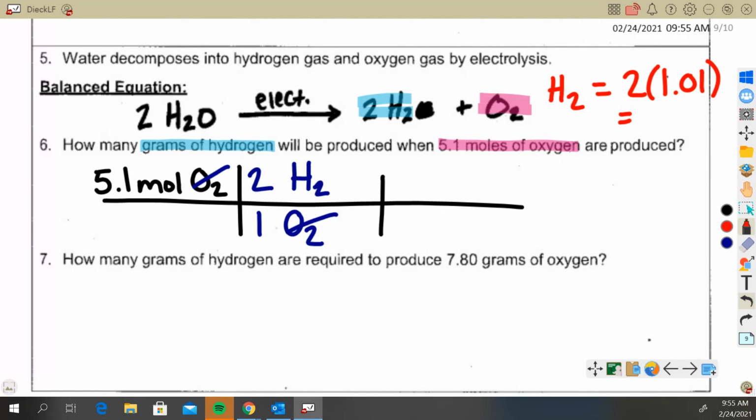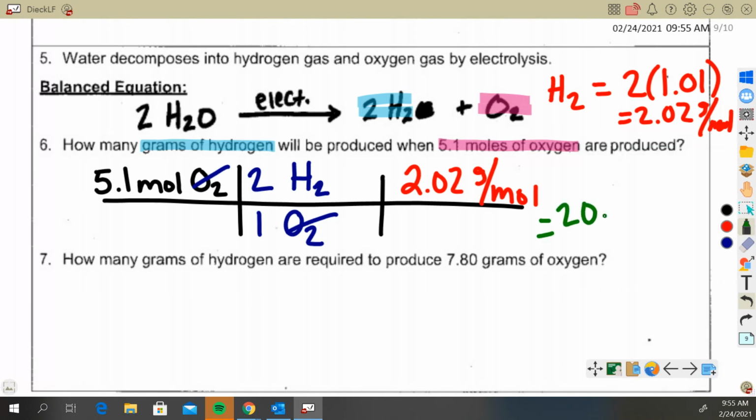So that's going to equal 2.02 grams per mole. So up here, we're going to have 2.02 grams per mole. In our calculator, 5.1 times 2 times 2.02 divided by 1 is going to give us an answer of 20.6. Our unit's going to be grams, and it's grams of H2.